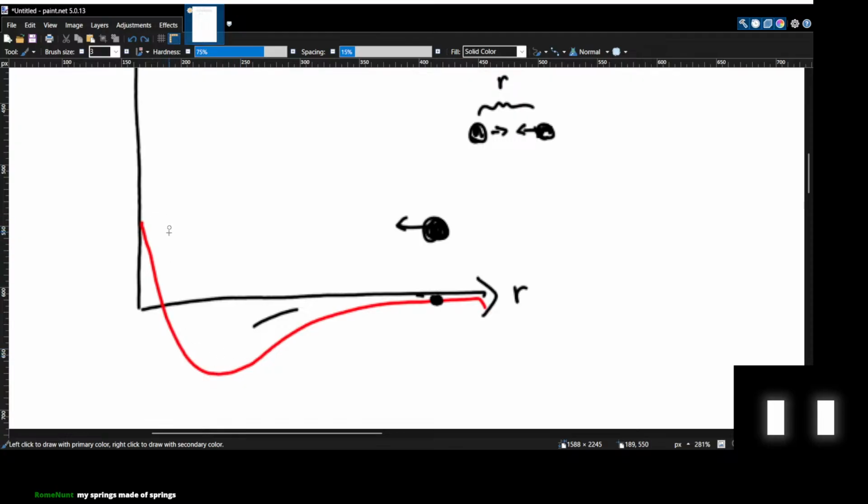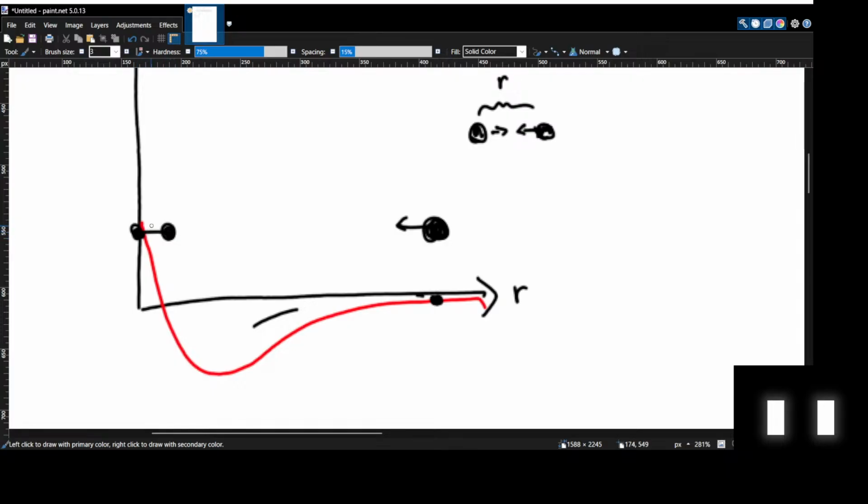Once it gets past over here, which means the atoms are too close together, the consequence is that my springs are made of springs. Yup, they are made of very small springs. And those very small springs are in turn made of very, very small springs. Everything's made of springs. That's the revelation I've learned. Alright. So, the two atoms are too close together.